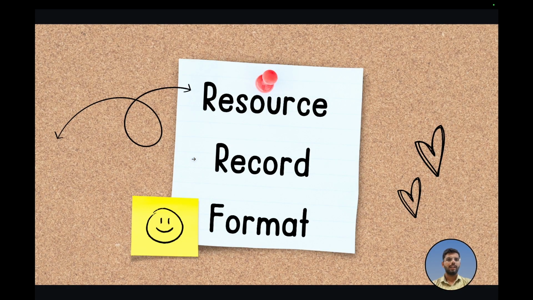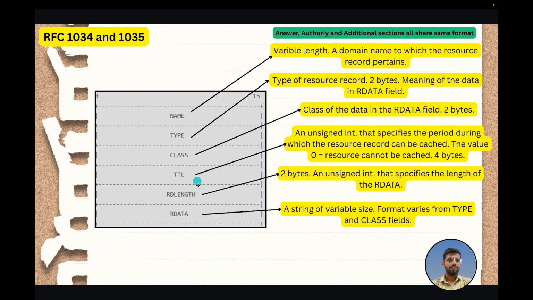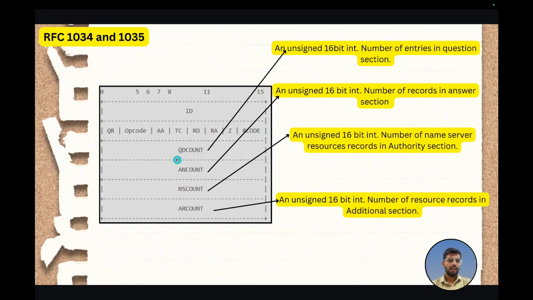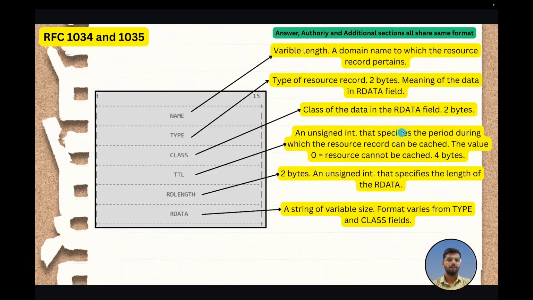Now let's see the resource record format. The answer, authority, and additional sections all share the same format. So the answer, the NS record, and the AR count sections share the same format.